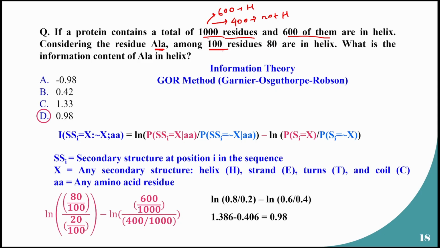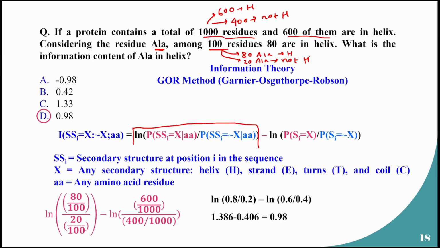So out of these 100 alanines, 80 are part of helical secondary structure, and 20 are part of some other secondary structure apart from helix. Based on the formula mentioned here, if you want to calculate the information content of alanine in helix, you first have to calculate these two terms.